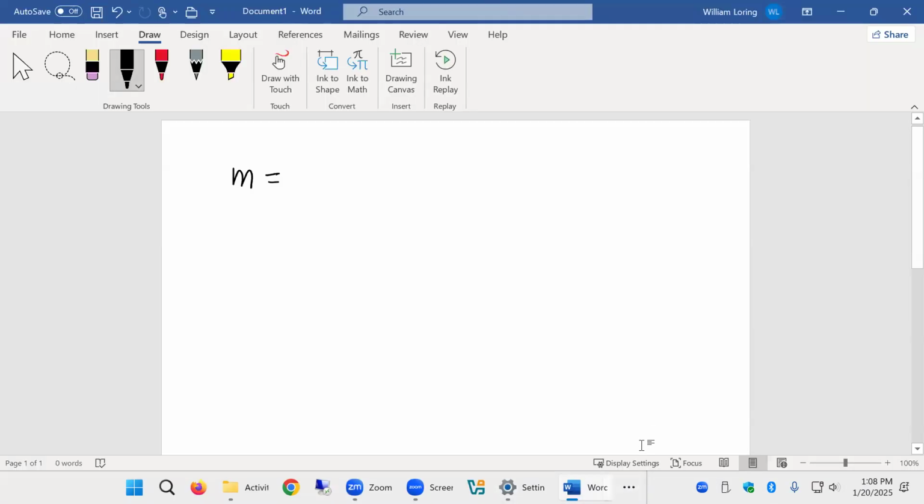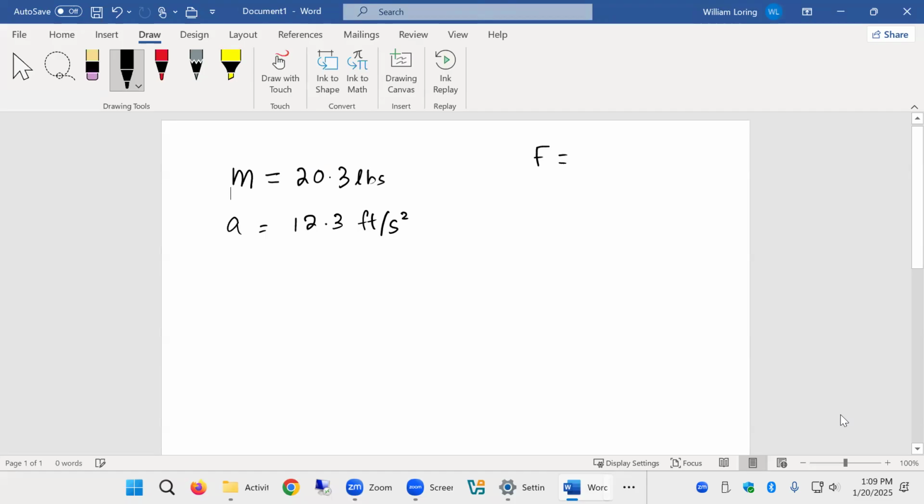What we are going to calculate is the work done by pushing this object over a certain distance. I'll just randomly put some numbers. Let's say mass is 20.3 pounds and acceleration is 12.3 feet per second squared.